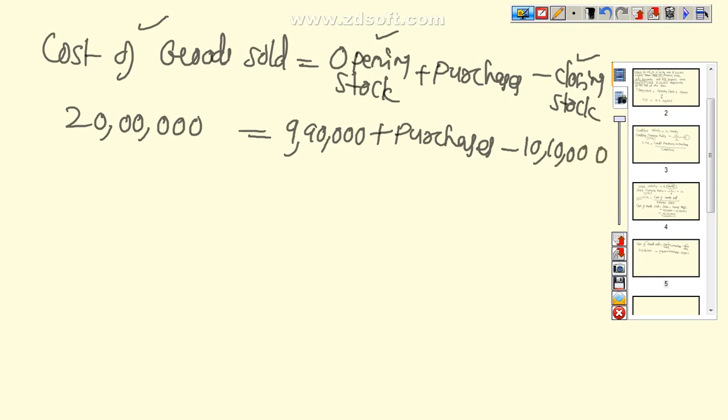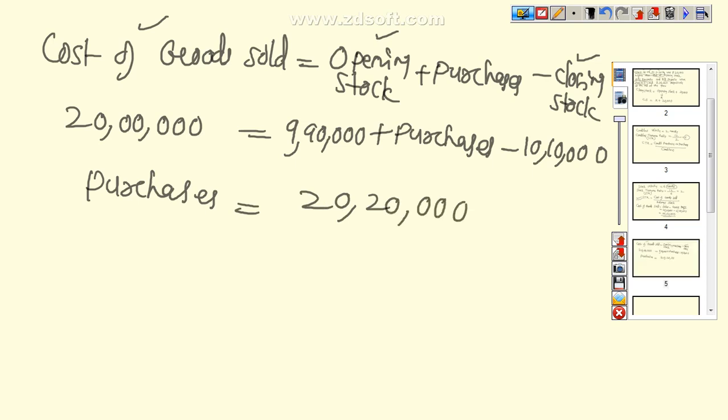From this we can calculate the value of purchases. Now purchases is equal to 20,20,000.